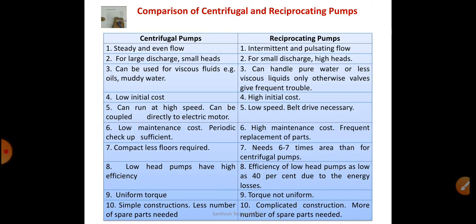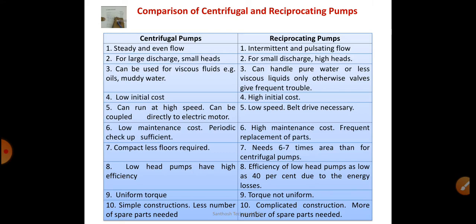In the reciprocating pump, slip is there, and this slip makes a difference between the theoretical and the actual discharge, whereas in the centrifugal pump no slip is accounted for in finding the discharge.